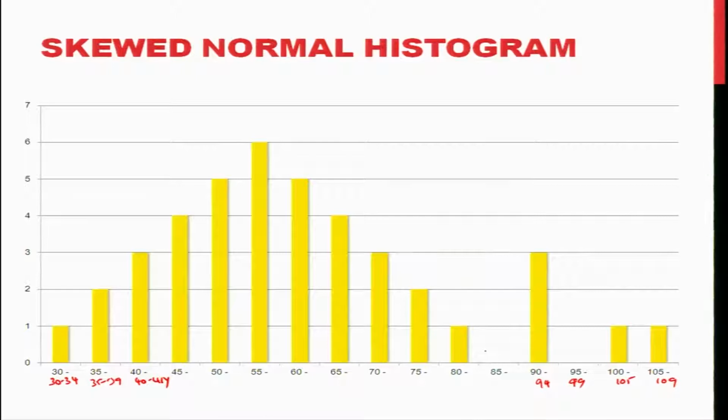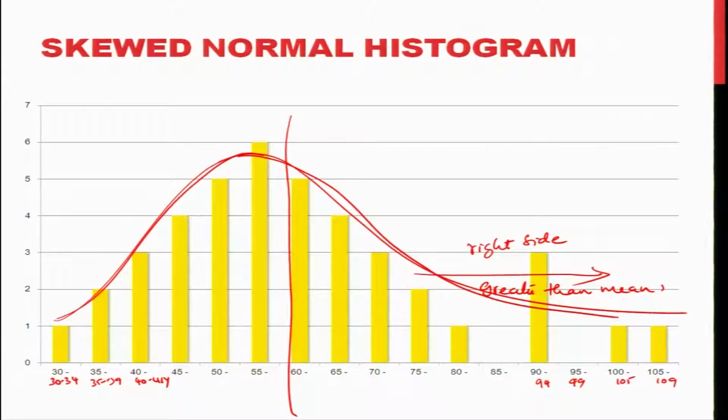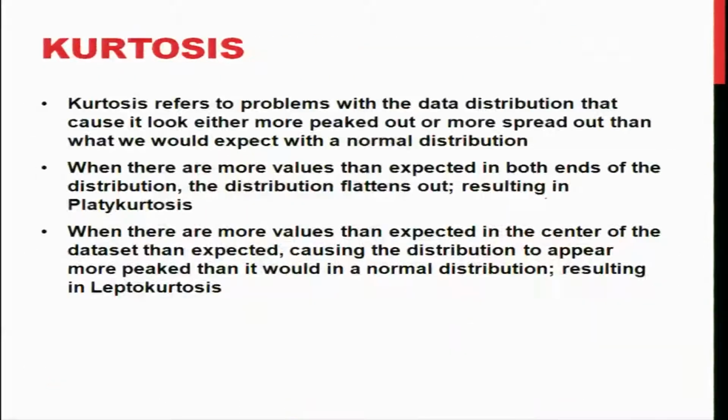It is not perfectly symmetrical; you have more to the right side, or greater than the mean. The average value would probably be somewhere here, so there are more observations on this side. This creates a longer tail. It is not symmetric, and this is skewness. So, this is a skewed distribution in this regard.